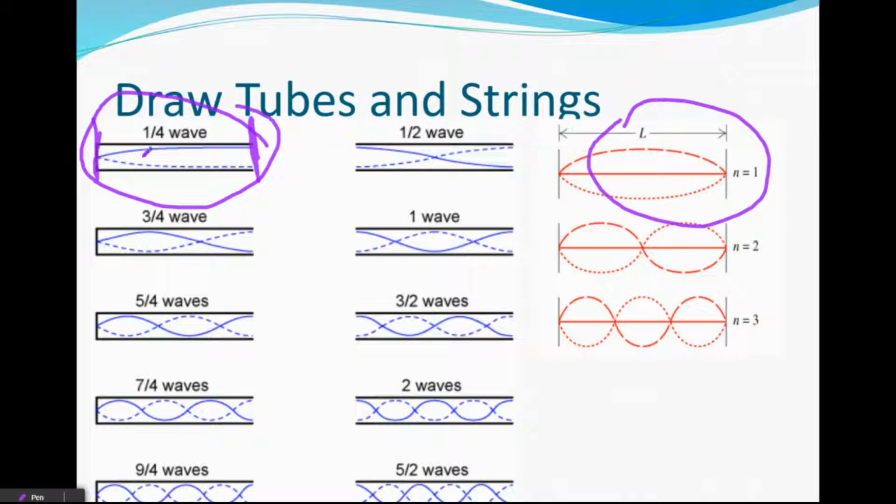And so you can see how this is a quarter of a wavelength, because I need to go from a node at the end where it's closed to an antinode at the other end. And if I were to keep drawing this wave, I need to go from node and not just back to node again, but I need to go all the way back down and back up to get a full wave here. So this is only 1/4 of a wavelength.